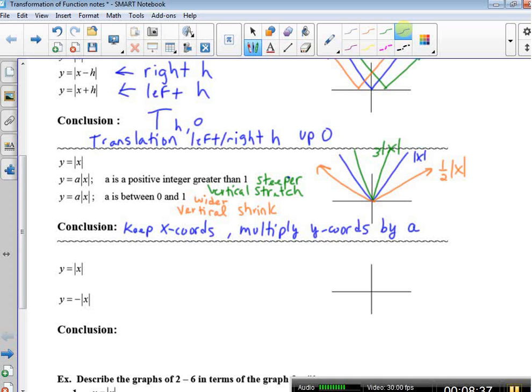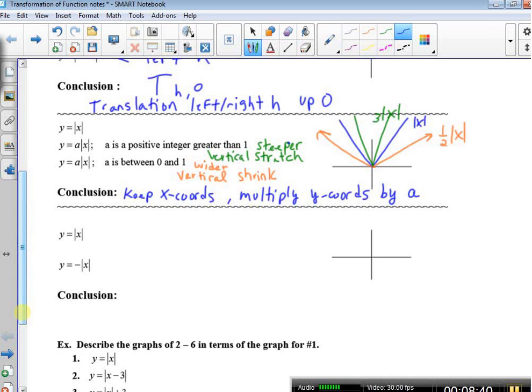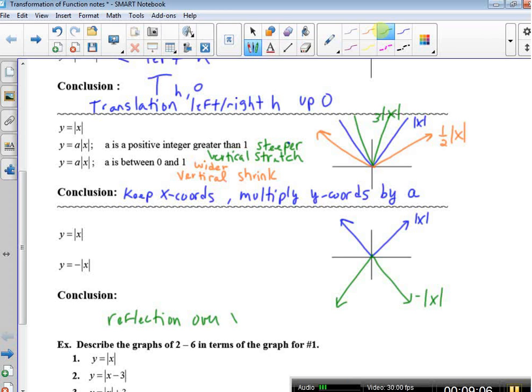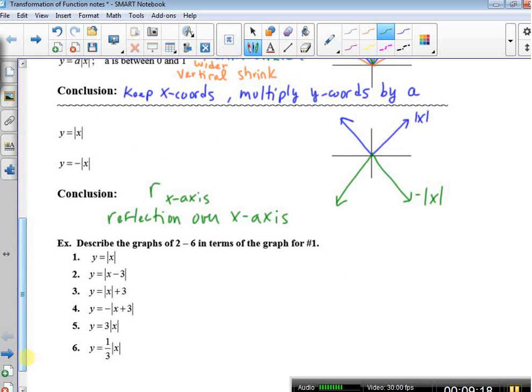All right, on the next one, it was that reflection over the x-axis. So here's absolute value of x, and here was the negative absolute value of x. Okay, so this is just really a reflection over the x-axis, and to indicate that we use a lowercase r and subscript x-axis. Okay, so a little bit of description.